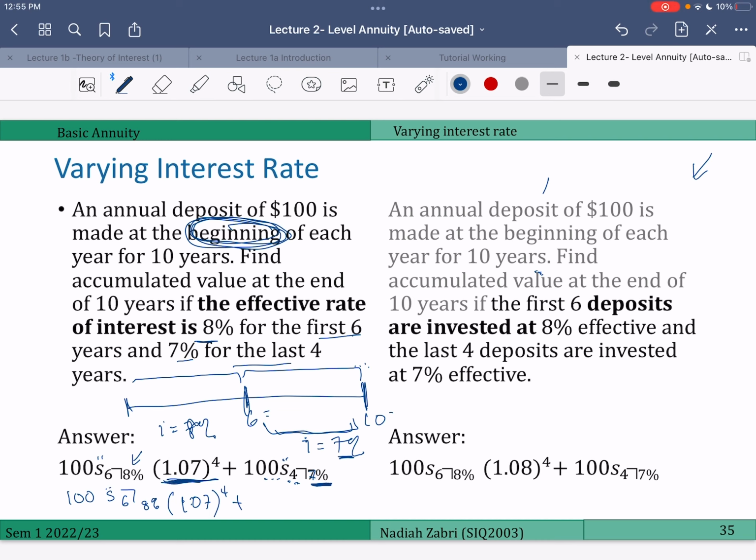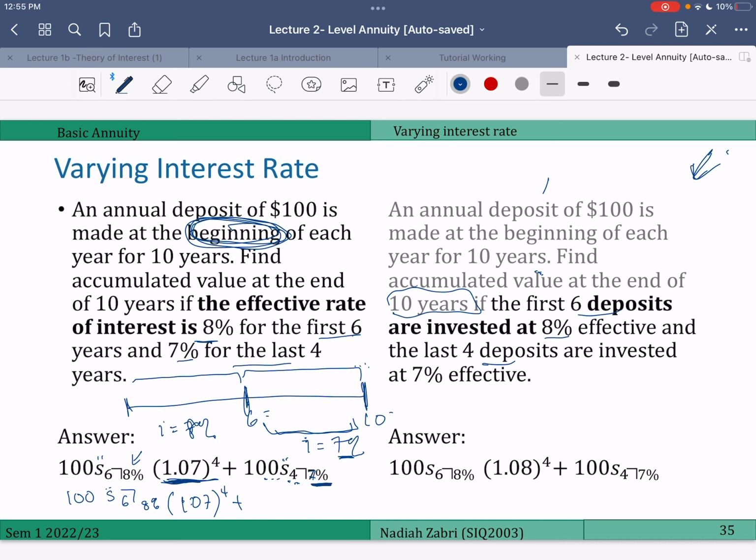Okay. Next scenario: an annual deposit of 100 is made at the beginning of each year for 10 years, same as before. Find the accumulated value at the end of 10 years if the first 6 deposits are invested at 8% effective and the last 4 deposits are invested at 7% effective.